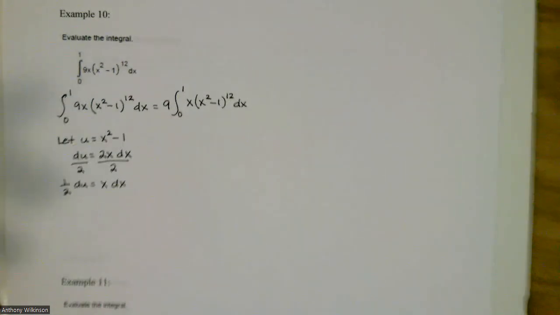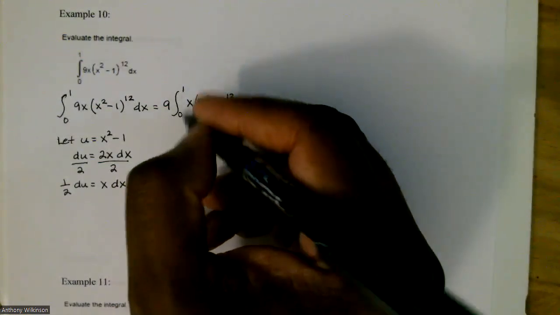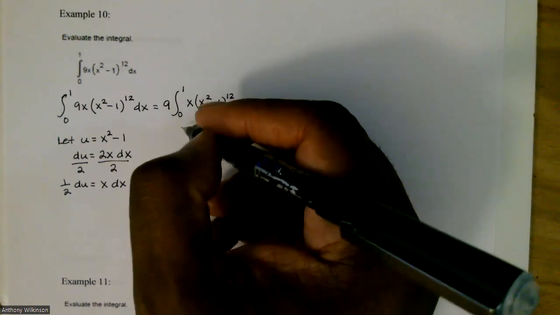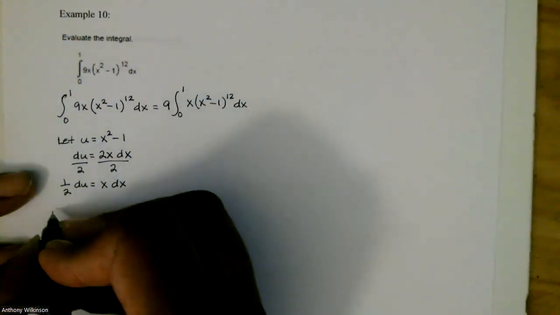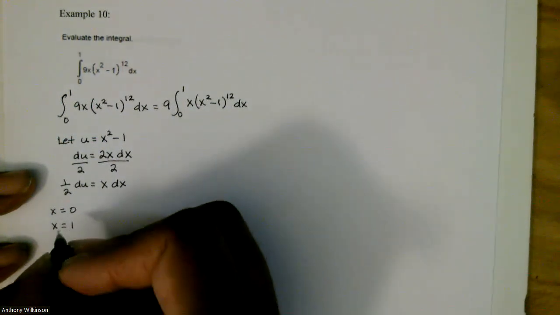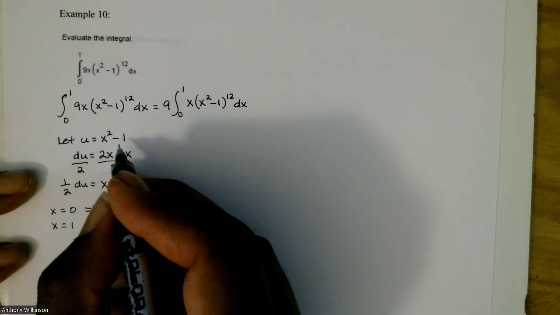And you know what I'm going to do here? I'm going to choose to change my limits of integration from 0 to 1. I'm going to put these in terms of u. So I got x equals 0, which is the lower limit, and x equals 1, which is the upper limit. And I know that u is equal to x squared minus 1.